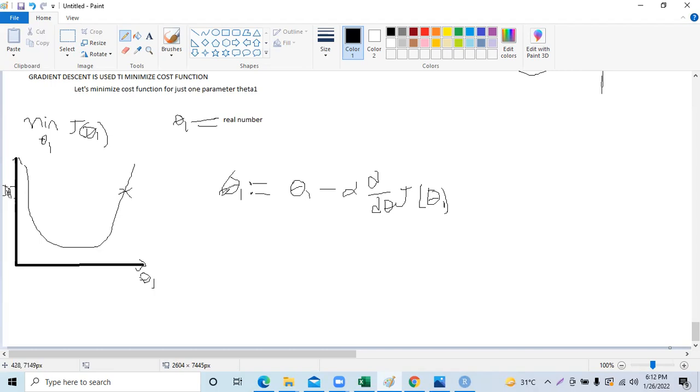What derivatives do is take the tangent to the point. So there's a tangent to this line. I'm sorry, I didn't draw this convex curve well, but on a real curve, we are going to have a tangent like this.